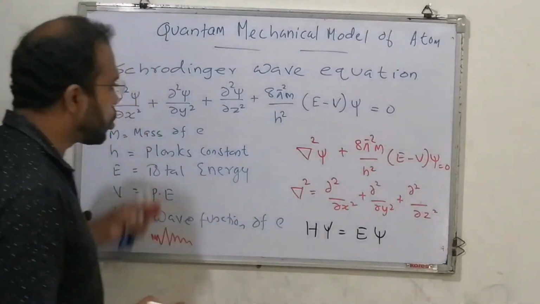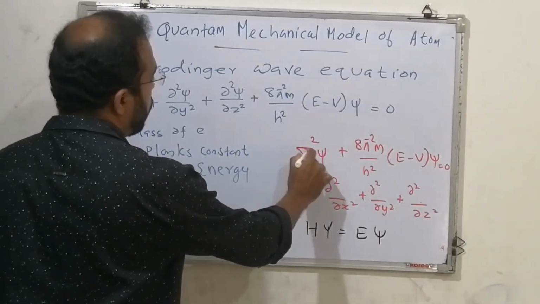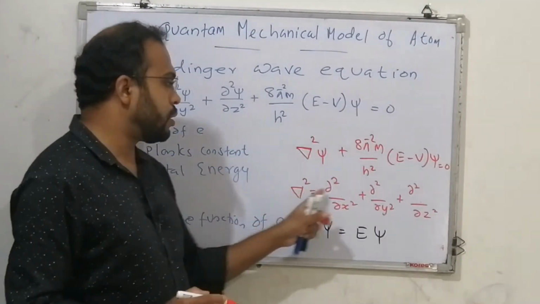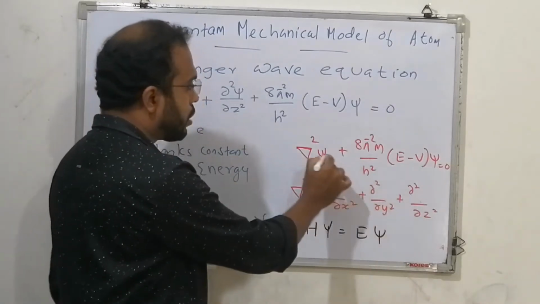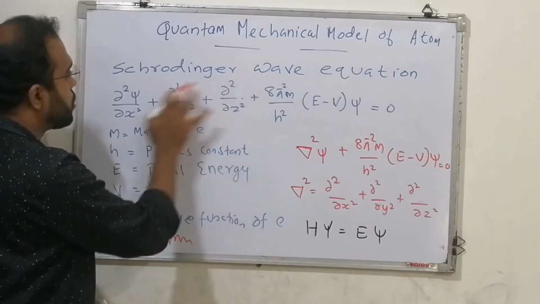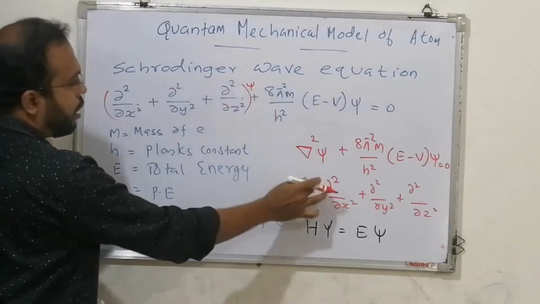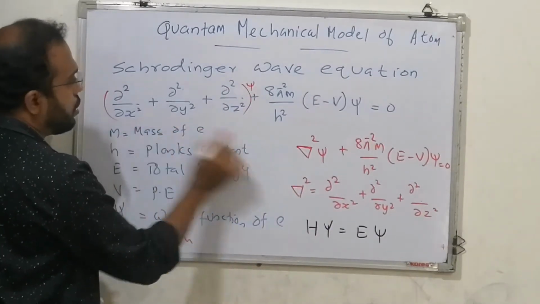This equation is also written like this. This is called del square, and this square differential, no psi here, this entire thing, suppose we take all these things, then put a psi.